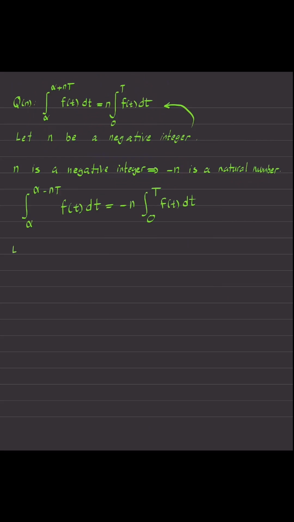The left hand side of this relation can be written as minus integral from alpha minus nT to alpha of f of t dt. So what I did, I actually interchanged these limits and I put an extra minus sign because of that. Okay? Now what I can do, I can add nT here, but the price that I have to pay is to subtract nT here.